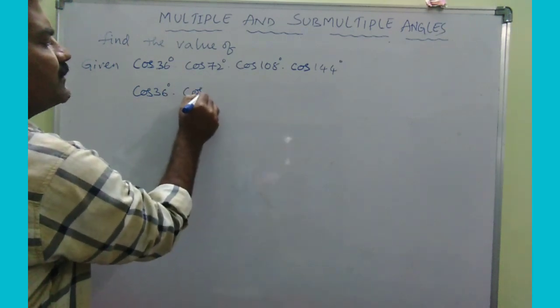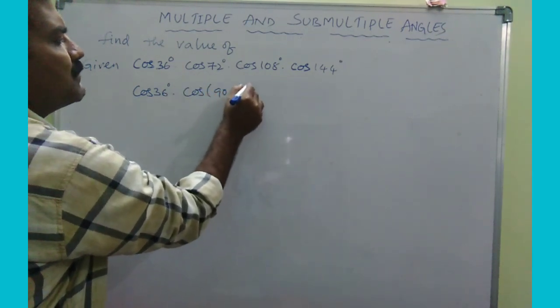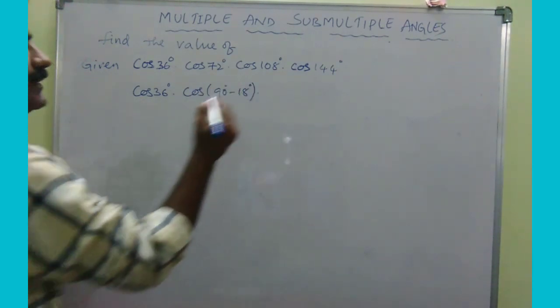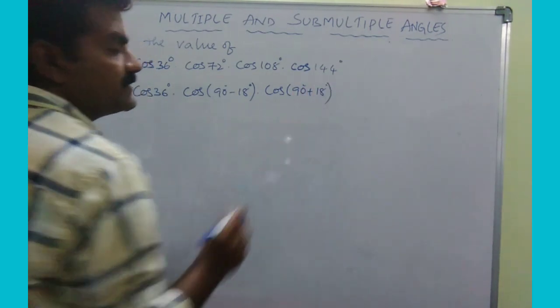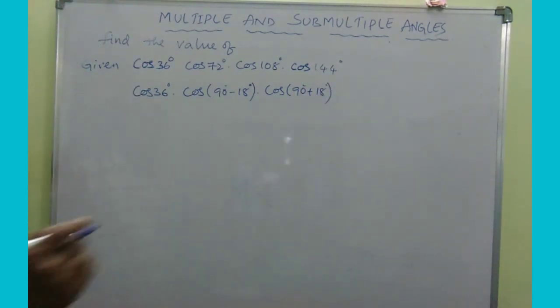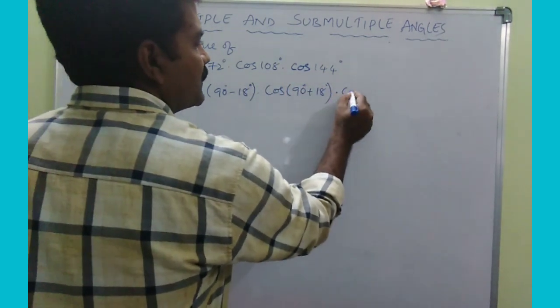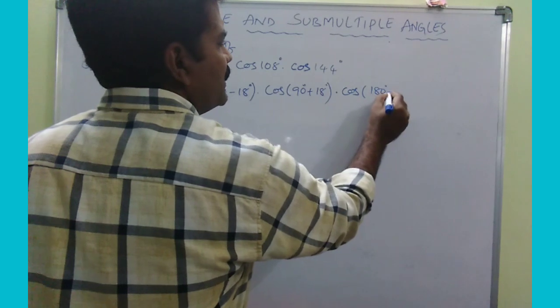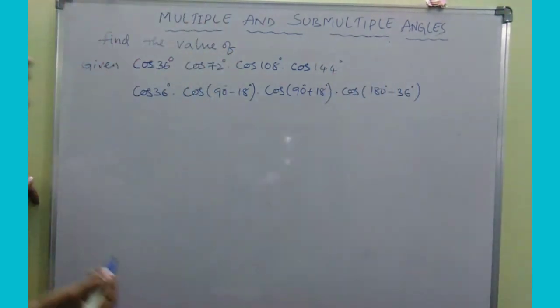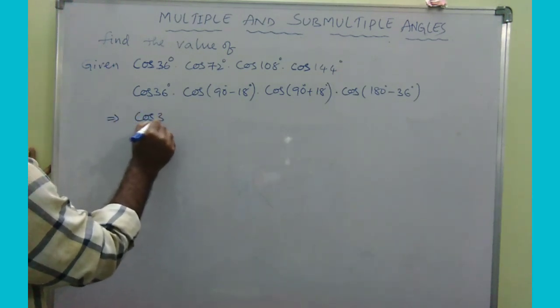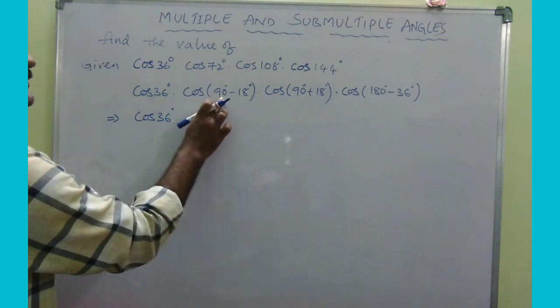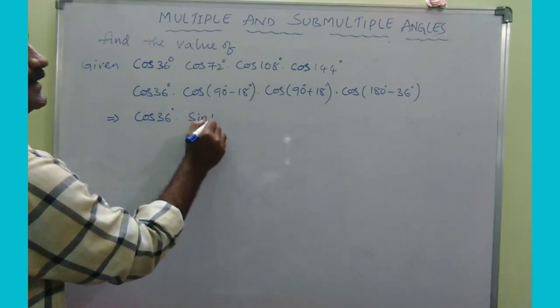And coming to cos 72, can I write it as 90 minus 18 degrees? And what about cos of 90 plus 18 degrees? We can write it. Okay. And what about 144? Cos of, can we write this as 180 minus 36? Can write it now. Now see the properties of quadrants, especially allied angles. Using that we can simplify. Cos 36 degrees into, because of 90, cos changes into sine 18 degrees.